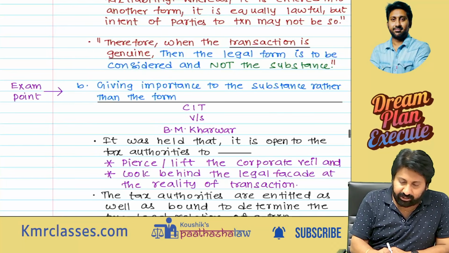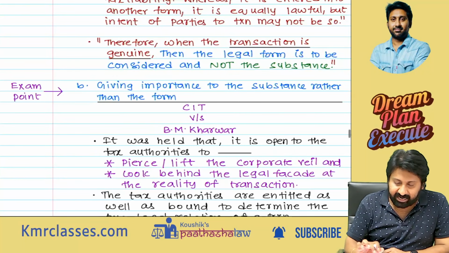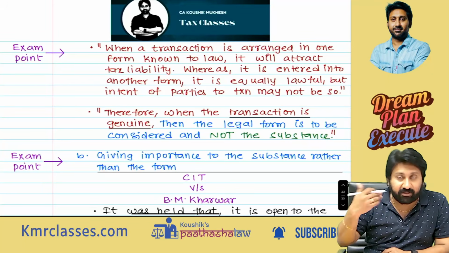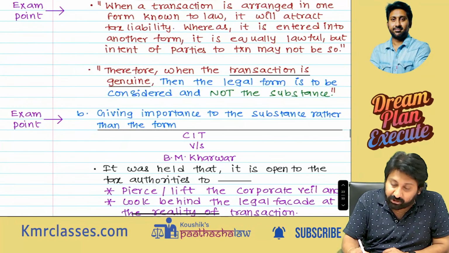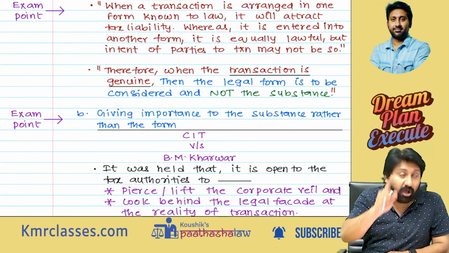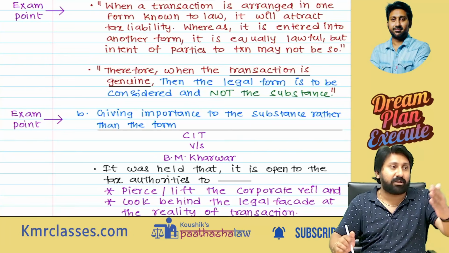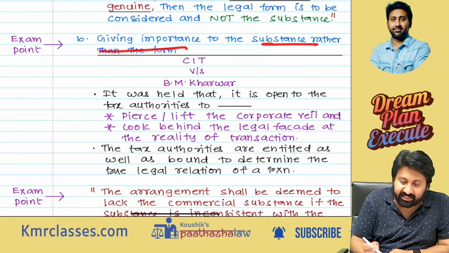So when a transaction is genuine, then the legal form is to be considered, not the substance. Substance over form, but the legal form has to be there. If it is a genuine transaction, form is important, not the substance. But if it is a non-genuine transaction, substance over form. Exam point.